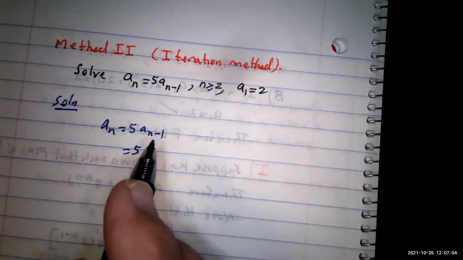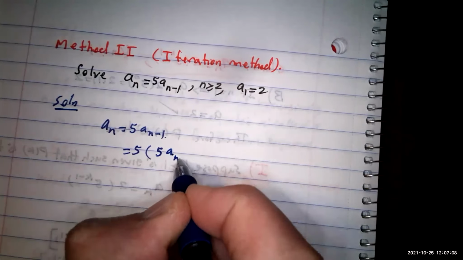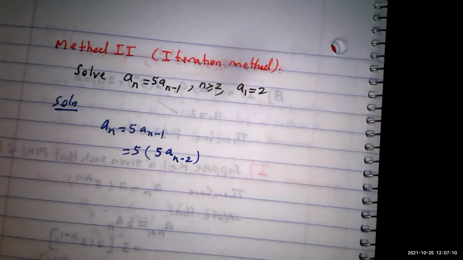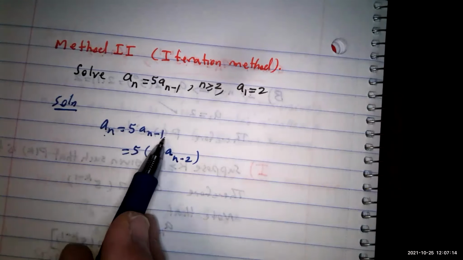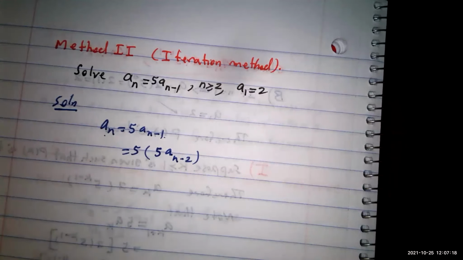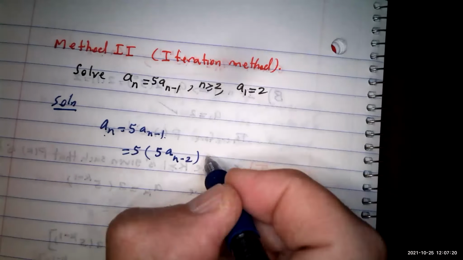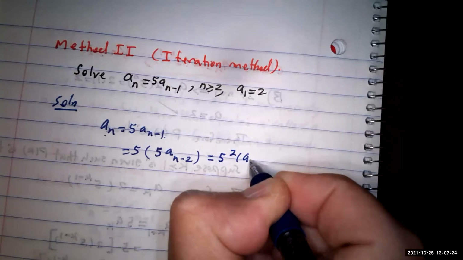So it would be 5 times 5 times what? a_(n-2). You see, this is the formula a_n = 5 a_(n-1). So we start with a_(n-1). It's going to be 5 times the previous term, which is a_(n-2). So we get 5 squared times a_(n-2).